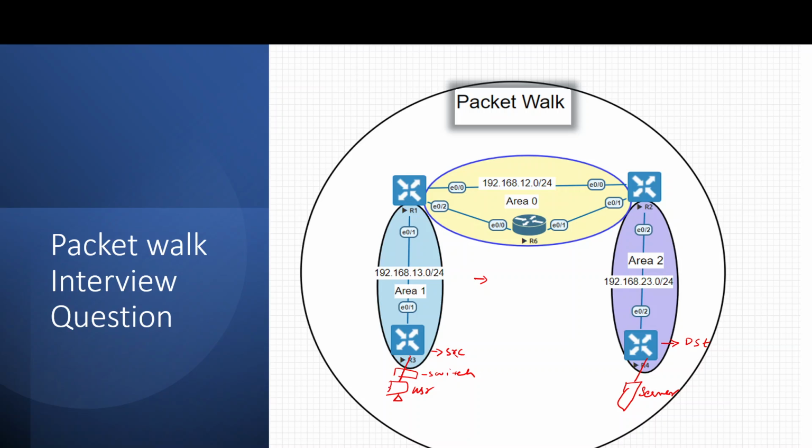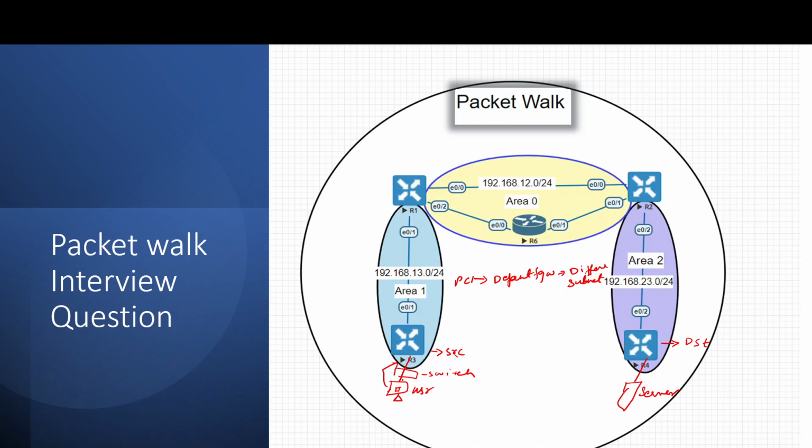First the PC will send it to the default gateway, PC1 will send it to the default gateway if they are in a different subnet. Consider like the user is in a different location, so definitely it is in a different subnet, you can consider.